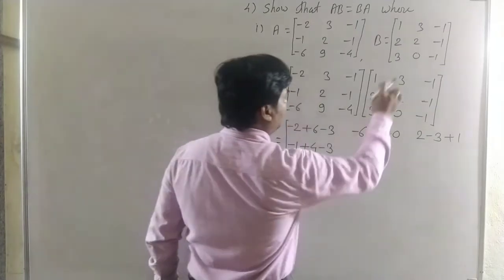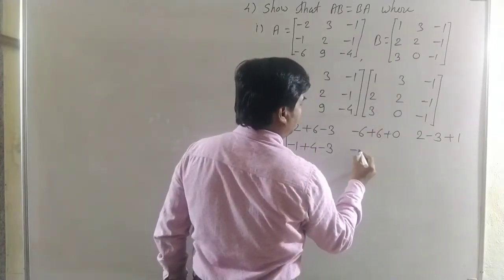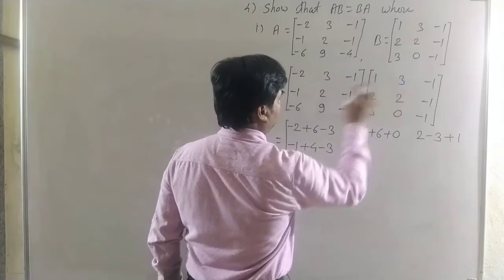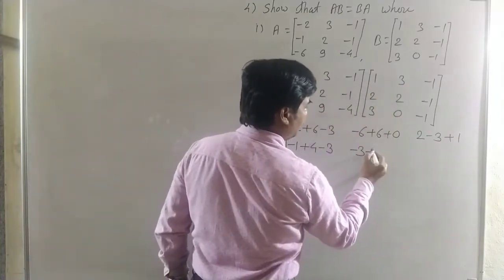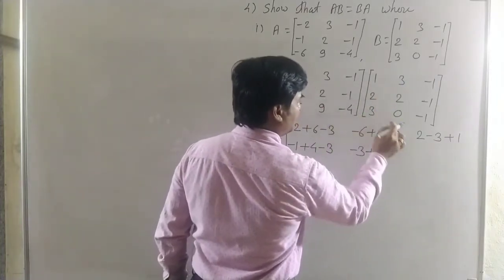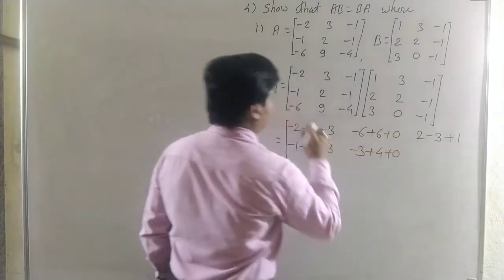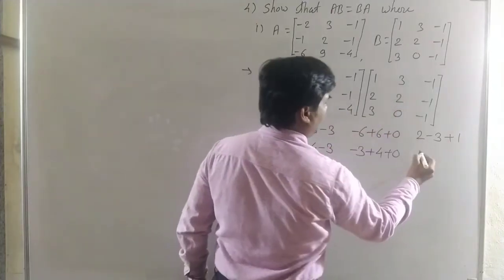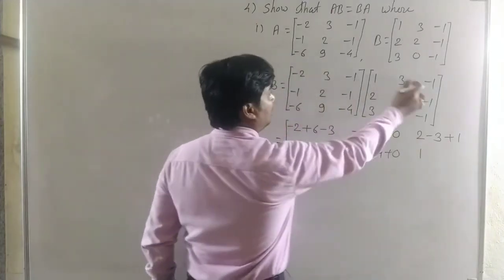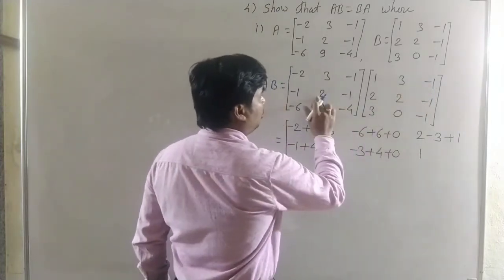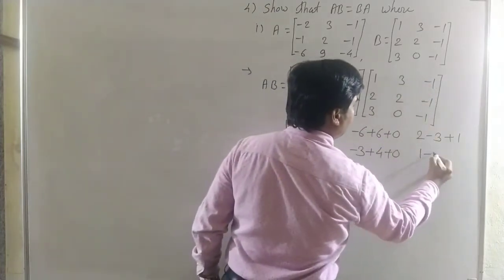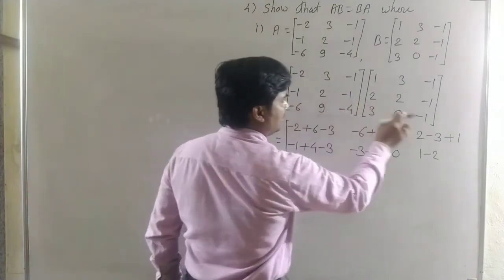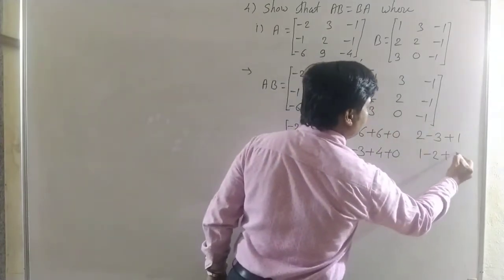Then second row second column, minus 3 plus 4 and plus 0. Okay, then second row third column, minus 1 into minus 1, it is a 1. 2 into minus 1, it is a minus 2, and again minus 1 into minus 1, it is a plus 1.